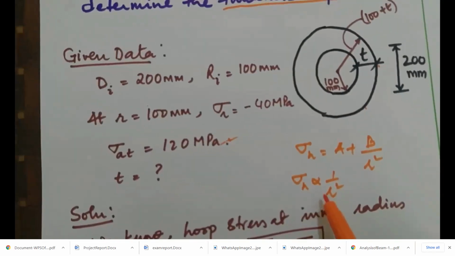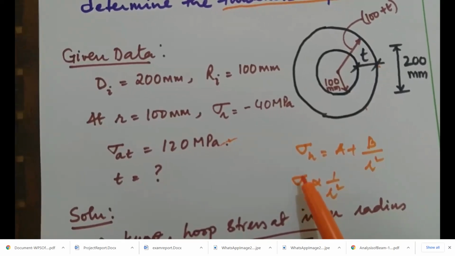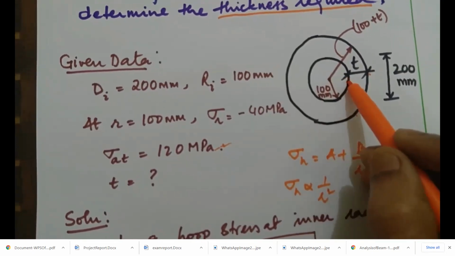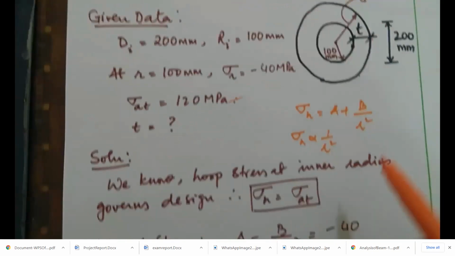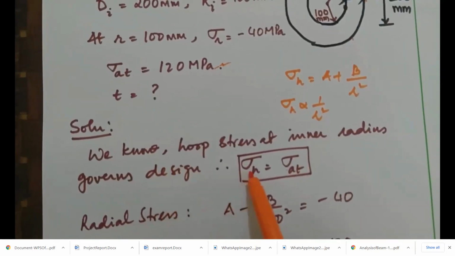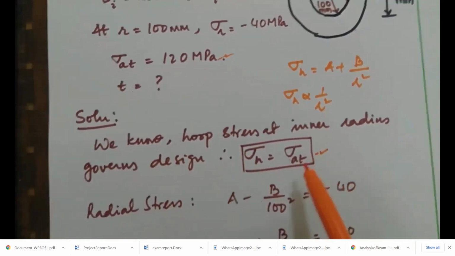So, at the lesser value of r, sigma h assumes a higher value, which means hoop stress will have maximum value at the inner radius compared to the outer radius. We know hoop stress at the inner radius governs the design. So, we are equating the hoop stress to the allowable tensile stress.